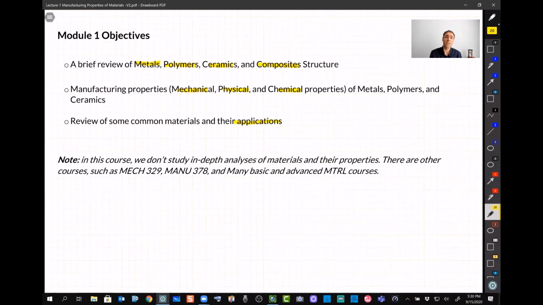If you want in-depth study of material, we have courses such as MEC 329, the same number as 392. Interesting, I just noticed that. It analyzes the mechanical properties of a material in depth. If you want to know more, then Manufacturing 378 is a course in the manufacturing program. You know, it's a new program.